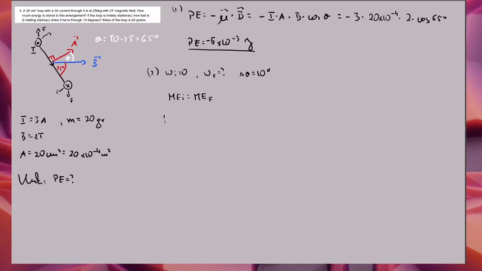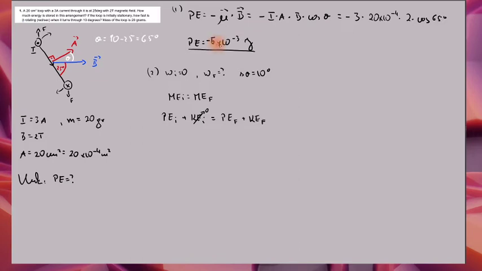Initially, I have only potential energy present, right? Potential because the kinetic energy is 0, since this thing is not moving at all. And then the energy in the end is going to be some other potential energy final plus kinetic energy final. Now the initial potential energy, well, that's just this.